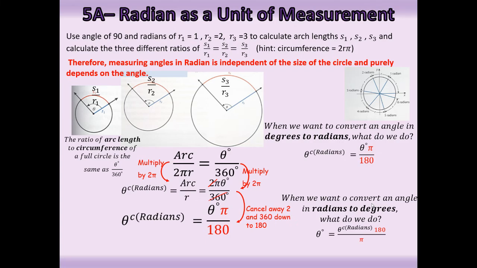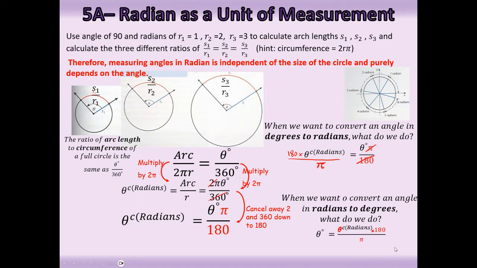If we rearrange this equation, multiplying both sides by 180 and dividing by pi, we get the conversion from radians to degrees: this angle is measured in radians, we multiply by 180 and divide by pi.